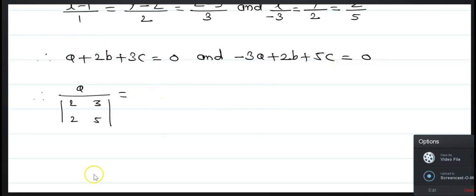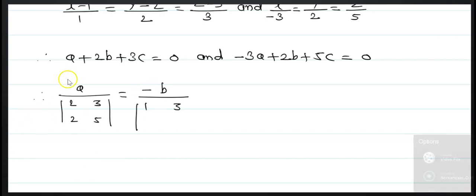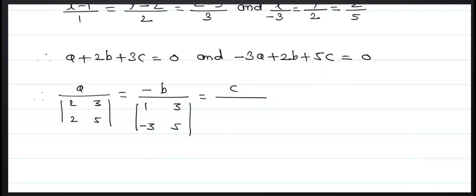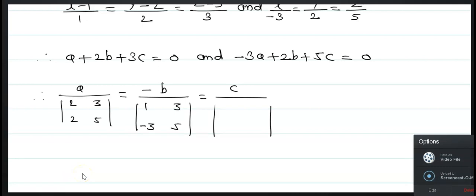Equals, the middle one is always minus, that is minus b upon the coefficients of a and c, 1, 3, minus 3, 5. And the last is c upon the coefficients of a and b, that is 1, 2, minus 3, 2.